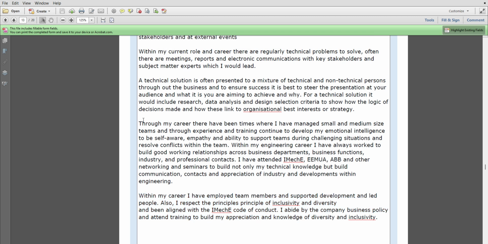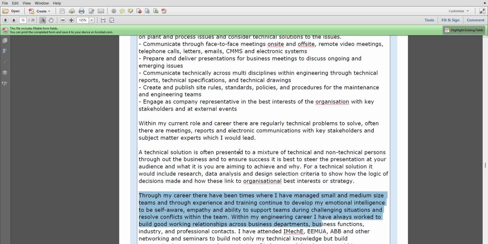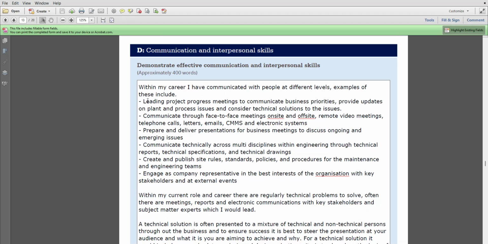He or she also talked about managing small and medium-sized teams. And also in terms of communication, so communicating with people at different levels of the establishment. So it could be top management staff, it could also be contractors or people working under them.